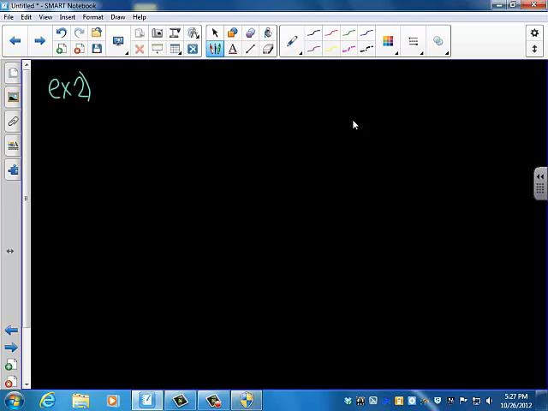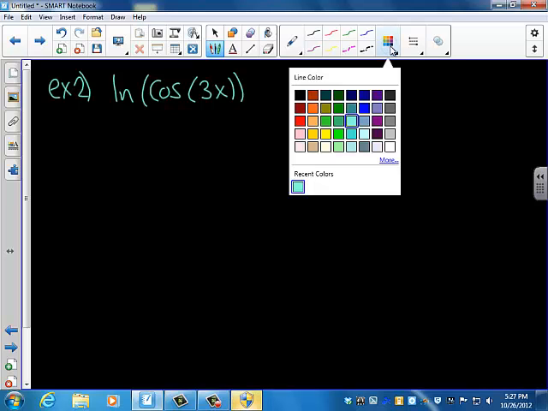First off, let's do ln of cosine of 3x. This actually ends up being double chain rule, so I have to do the chain rule in this case 3 different times. Let's look at the derivative of my very first one.